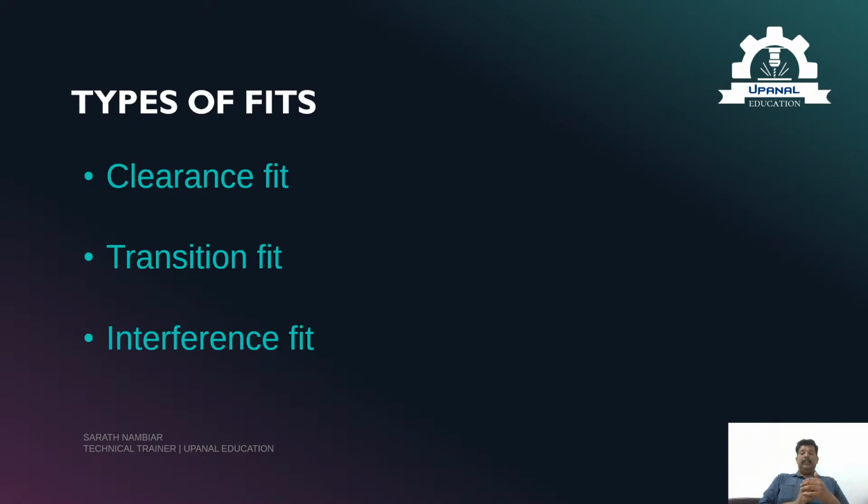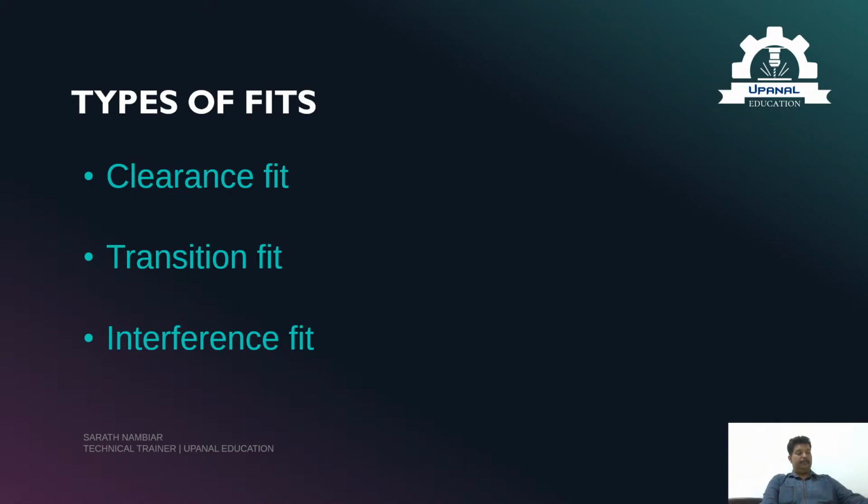Interference means it is always tight. The shaft will be bigger than the hole. Then the transition fit. Transition fit means the hole size and the shaft size will be about the same. So sometimes it is tight, sometimes it is loose. These three types cover almost all practical situations in the machine.